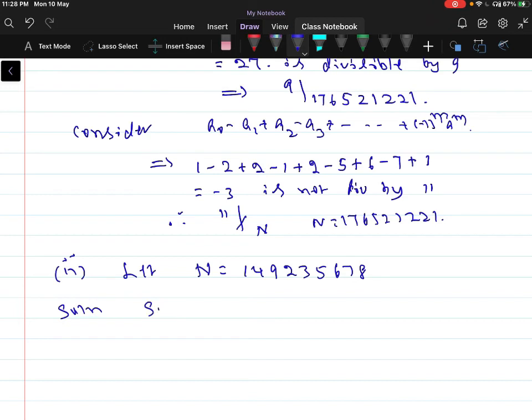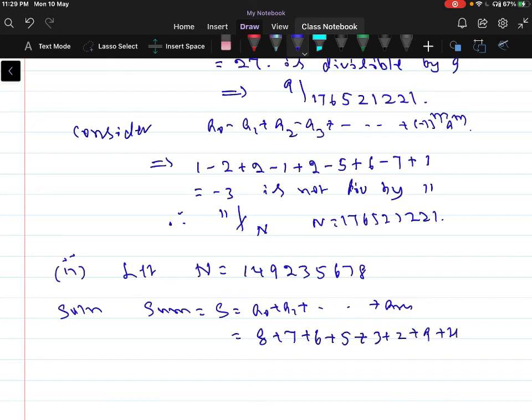The sum s is equal to a0 plus a1 plus and so on up to am, where a0 is 8 plus 7 plus 6 plus 5 plus 3 plus 2 plus 9 plus 4 plus 1.